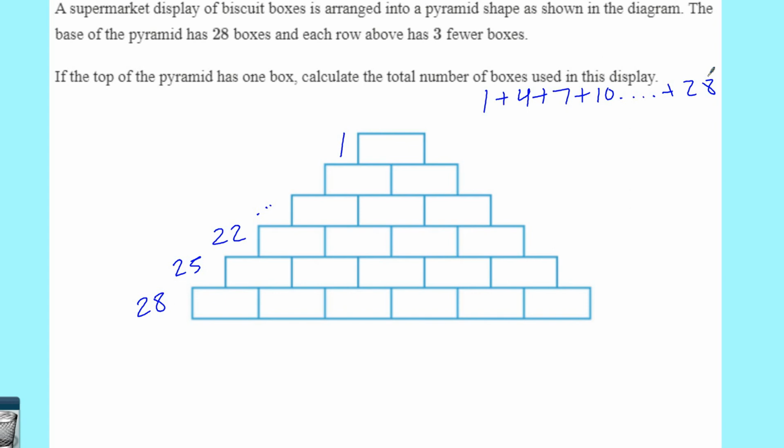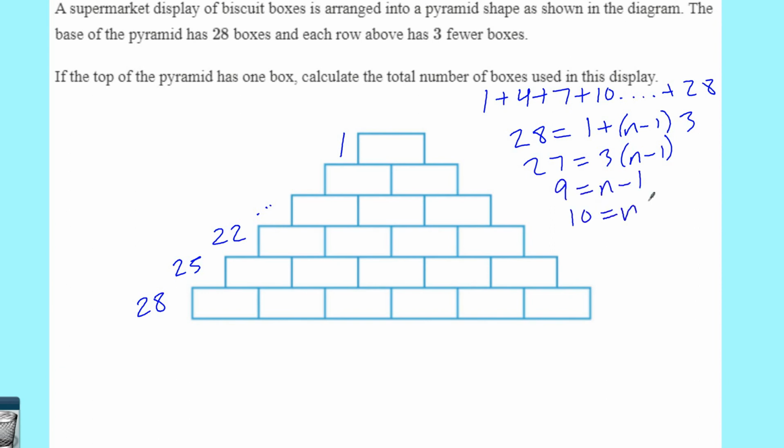Okay, so I don't know how many rows I have, and that would help me in knowing how many pairs I'm going to have to do the sum. So let's figure out what number in line 28 is. So we plug all that into our formula, and then we get 10 rows.